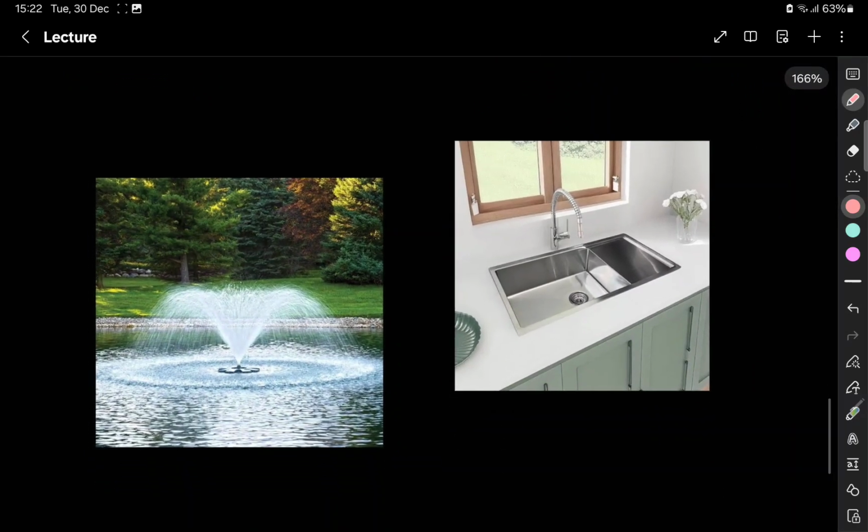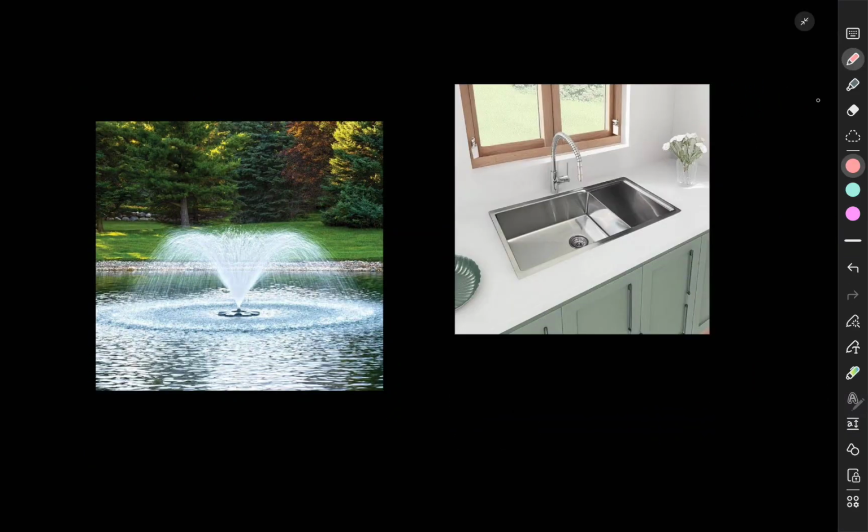What do I mean by source or sink? Now, suppose we have this fountain. Since the water is coming out of the fountain, this thing is acting like a source, since something is coming outside of it. Whereas in the kitchen we have a sink. As the water comes out of the tap, this water gets inside this sink.